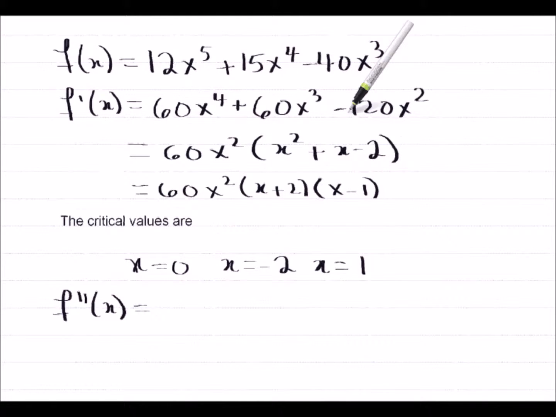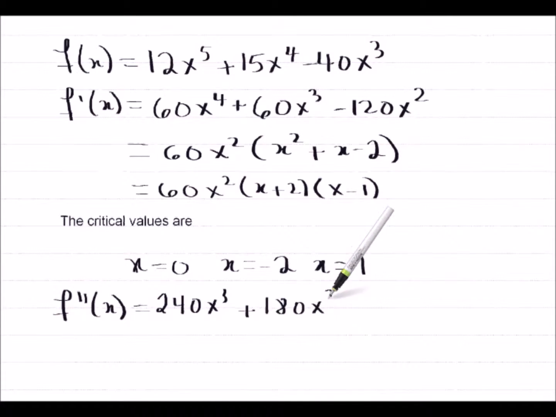It's easier to use the expanded form of the polynomial and differentiate each term. So 4 times 6, 240 x cubed plus 180 x squared minus 240 x. I don't need to factor f prime prime, but since I will need to evaluate it at each of the critical values, if I can factor it a bit, it's easier afterwards.